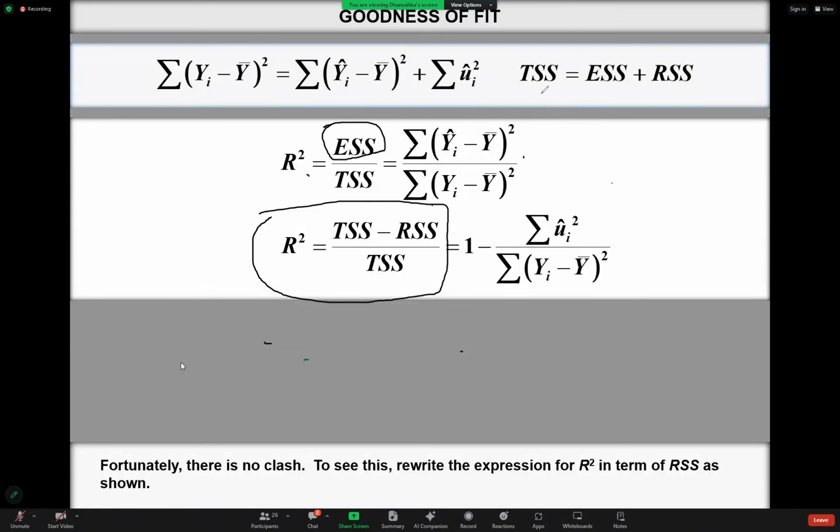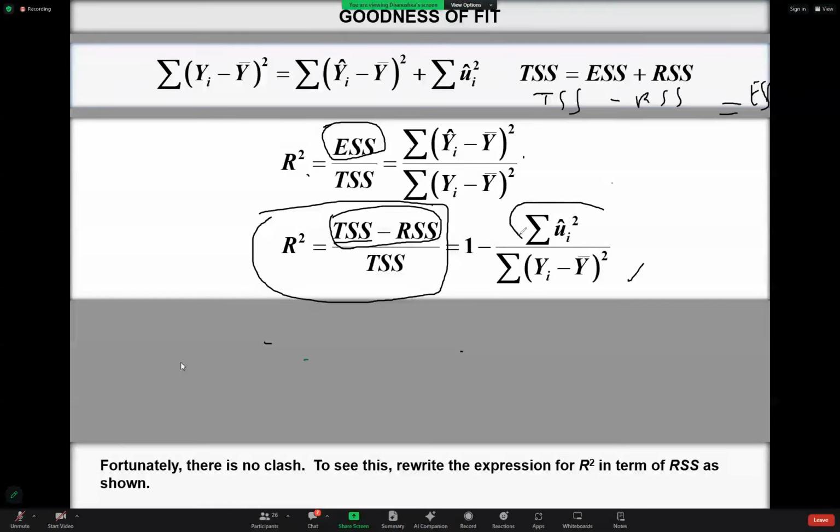Then you can rearrange this: TSS minus RSS equals ESS. Then we substitute here. And if you further rearrange this, you can get this. Further rearrange means you divide TSS by TSS, minus RSS by TSS.